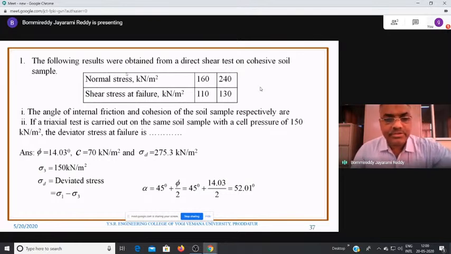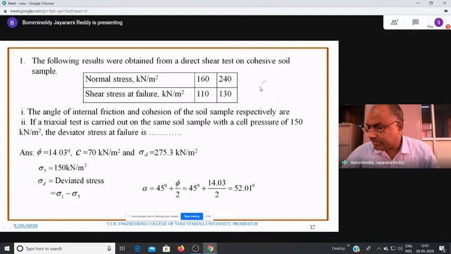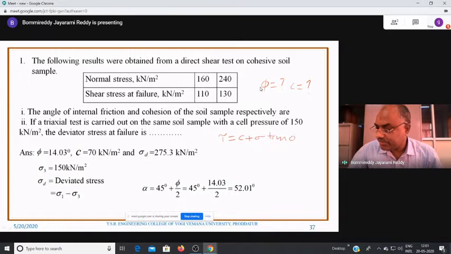In the first case, you need to calculate the value of phi and also the value of c. So what is the general equation that you know? In the case of shear stress, tau is equal to C plus sigma tan phi.